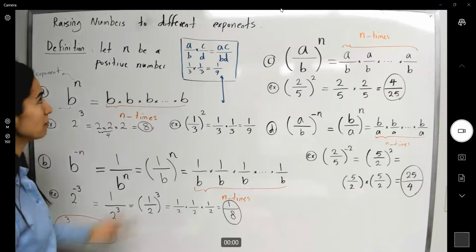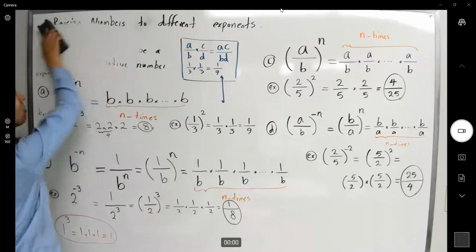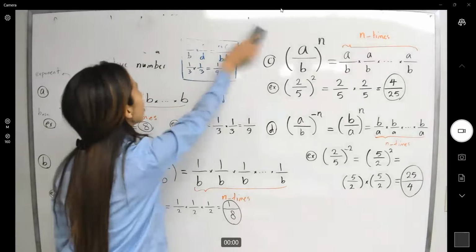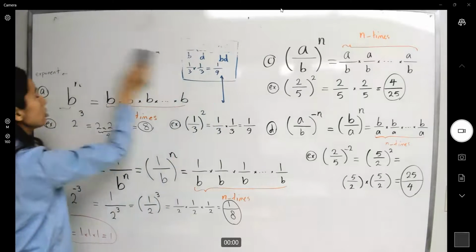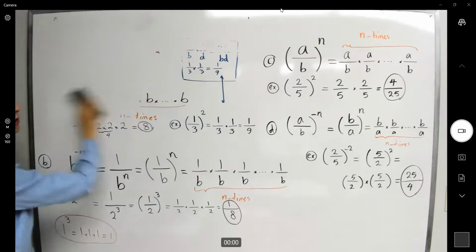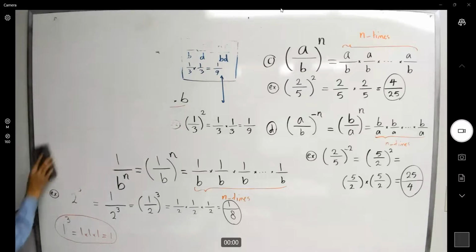Very good. Now that we talked about raising numbers to different exponents, let's talk about the multiplication and division between fractions.